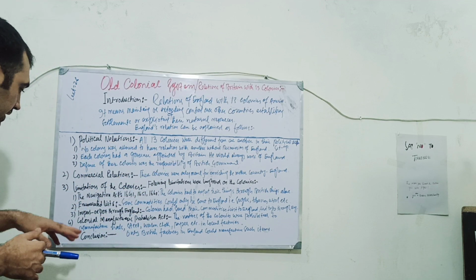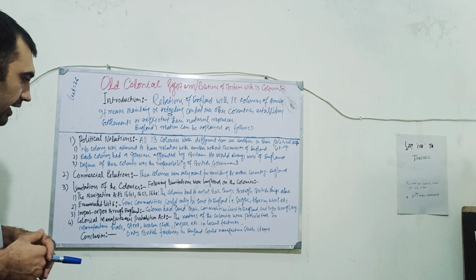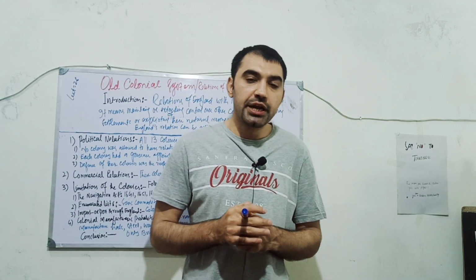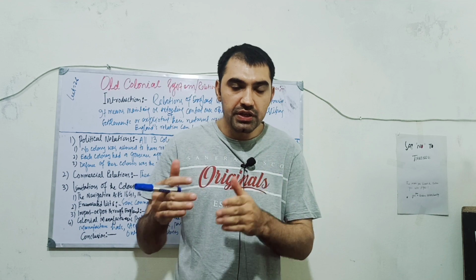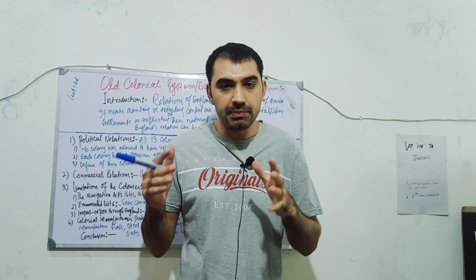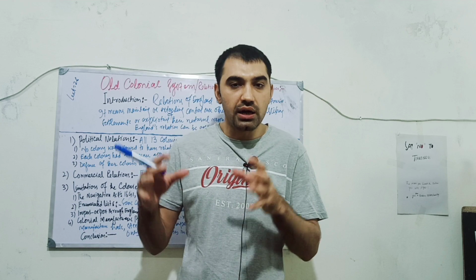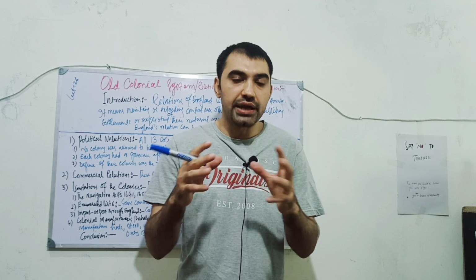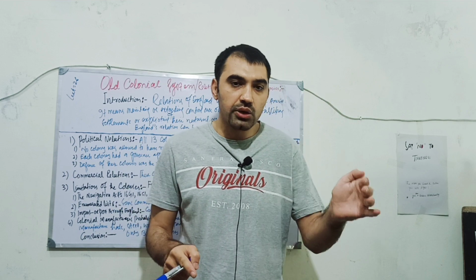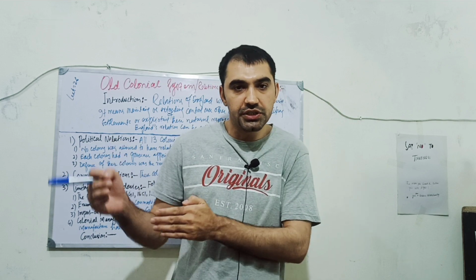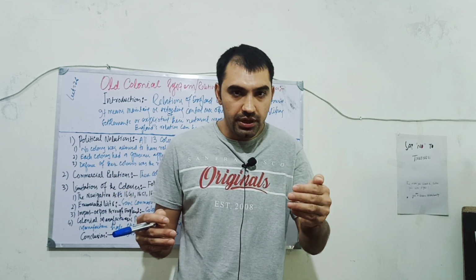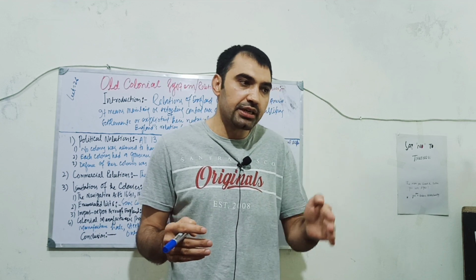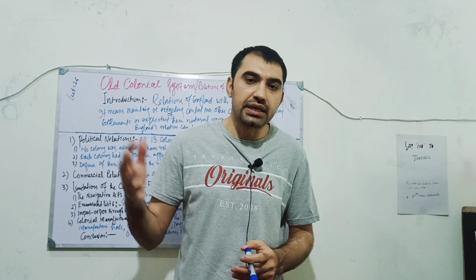The third is the import-export through England. This means that if any import and export was taking place among the colonies, it could only be sent through England. If one colony had to send certain materials, they would first be sent to England, and then from England to another colony.